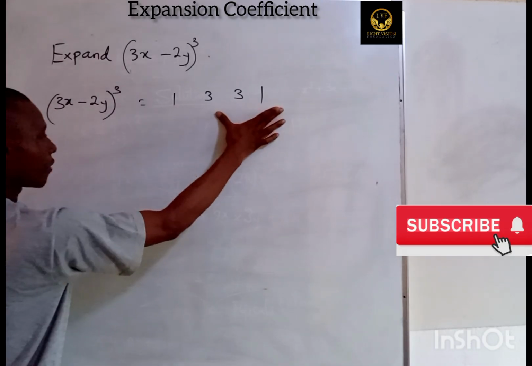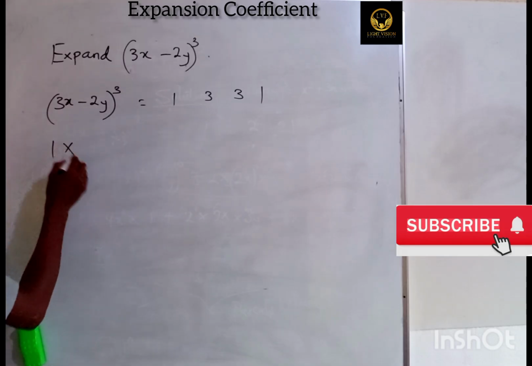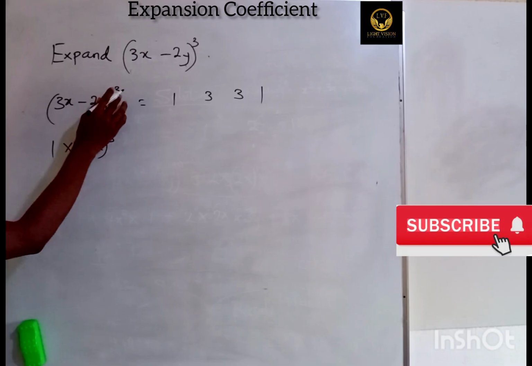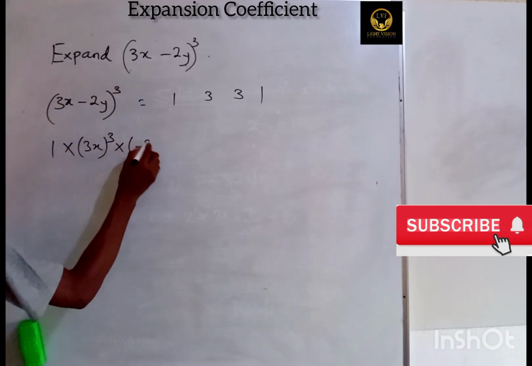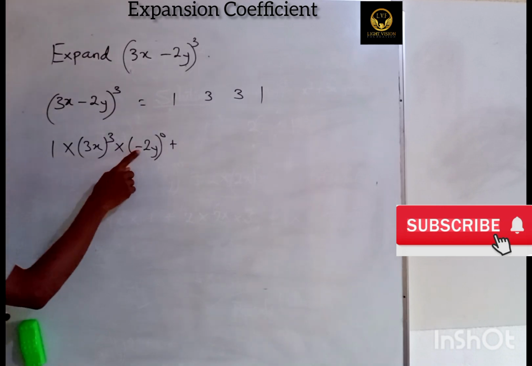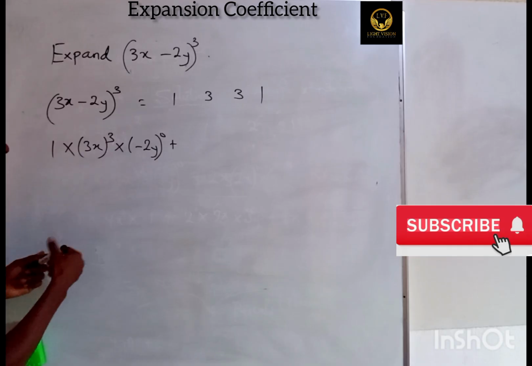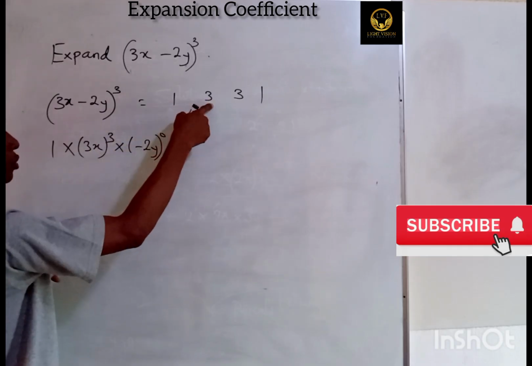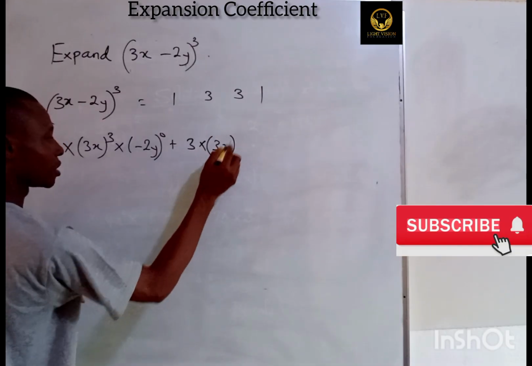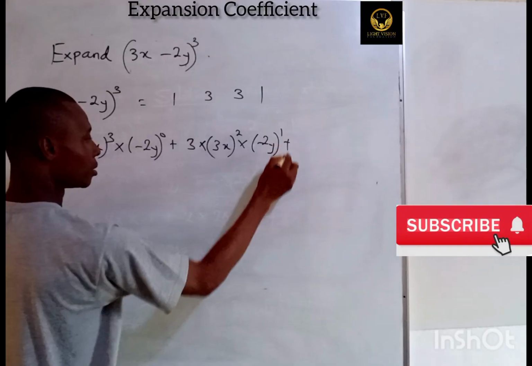We use each of these coefficients to multiply this. Then we start 1 times 3x raised to the power of 3, because the power starts from 3, times minus 2y raised to the power 0. Now notice that I'm putting my negative sign here because there is a negative sign here. Please do not omit the negative sign. Now we use the first coefficient, we use the second one. 3 times 3x raised to the power 2 times minus 2y raised to the power 1.